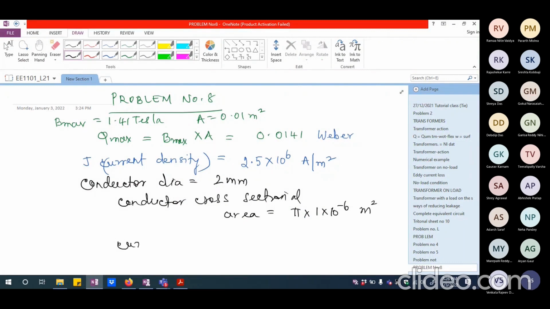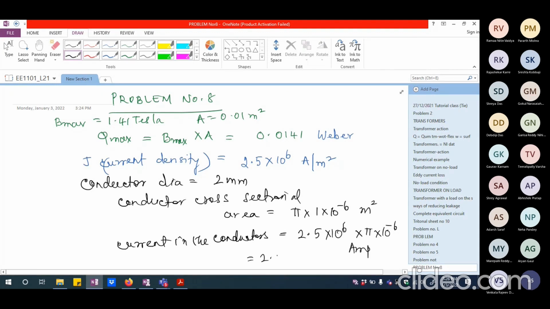So I should be able to calculate the current in the conductors, which will be 2.5 multiplied by 10 power 6 multiplied by pi multiplied by 10 power minus 6 ampere. So that is 2.5 multiplied by pi ampere.